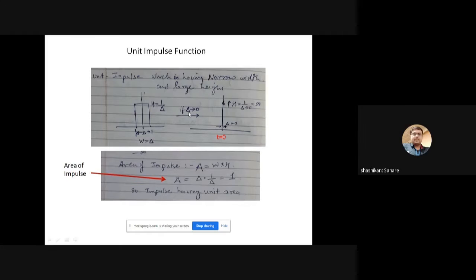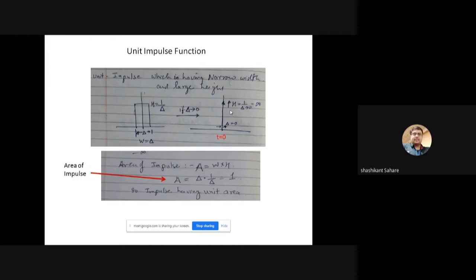Now if the width of this pulse, that is delta, tends to 0, then the width is approximately 0 and the height goes to infinity. So we can define the unit impulse function as having an infinite amplitude, present at time t equal to 0, whose width is approximately 0.